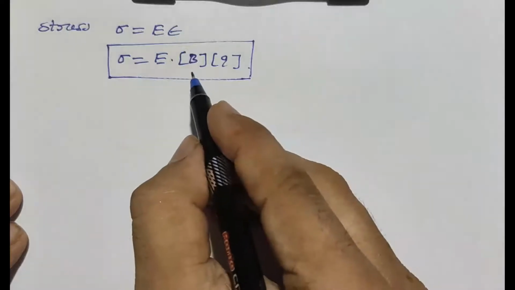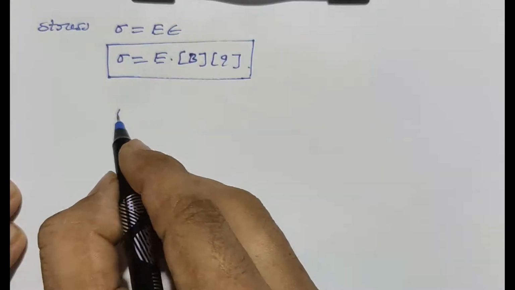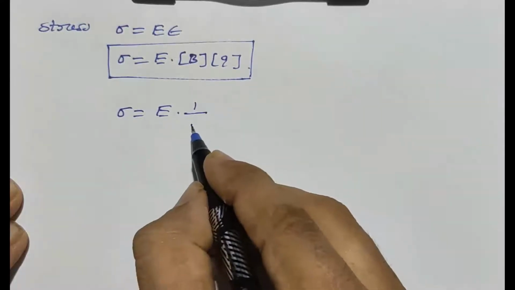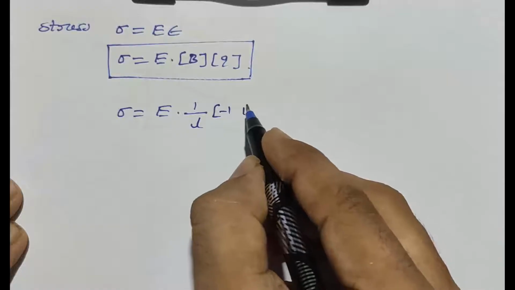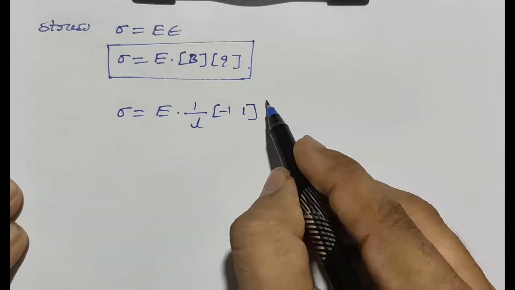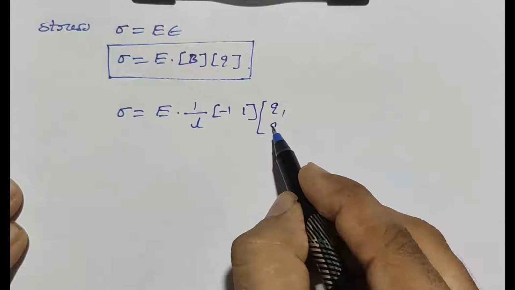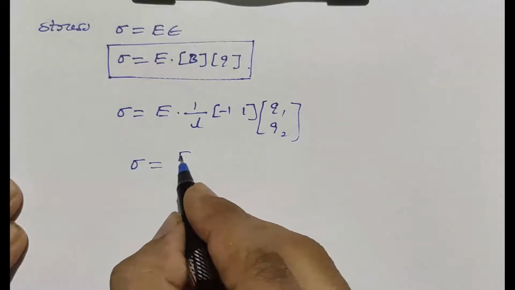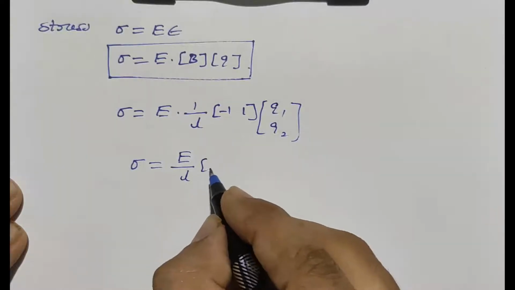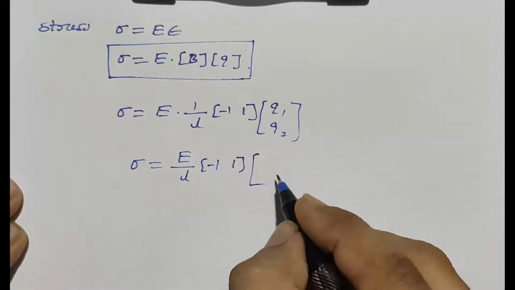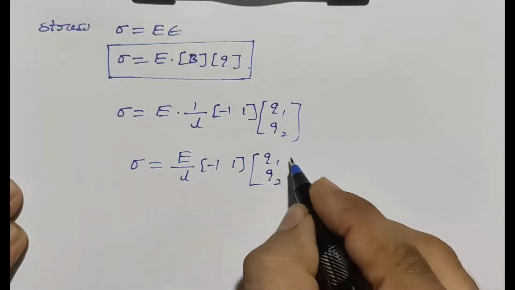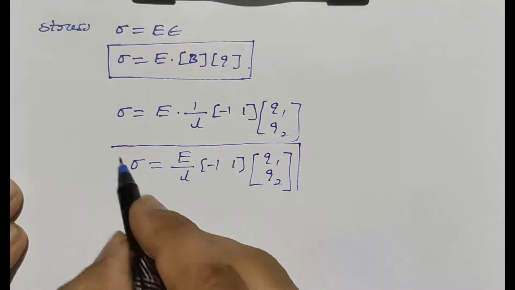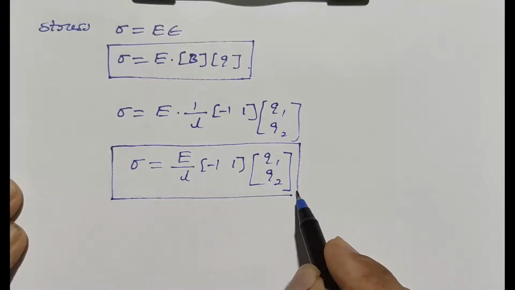If I substitute the value of B and Q here, we will get sigma is equal to E into 1 by L [minus 1 1] into [Q1 Q2], or sigma becomes E by L [minus 1 1] [Q1 Q2]. This is the equation to find the stress in the element.